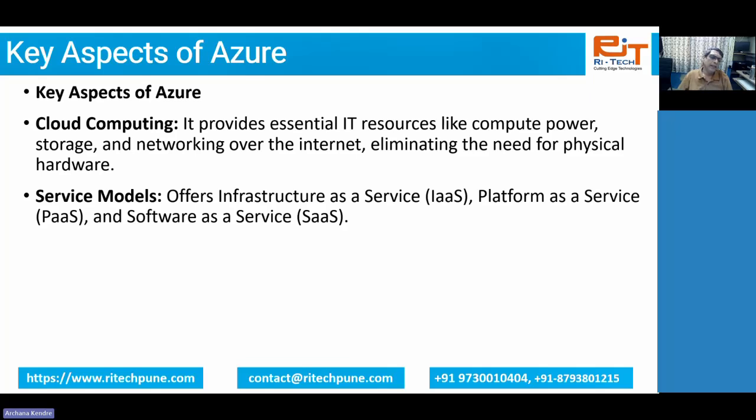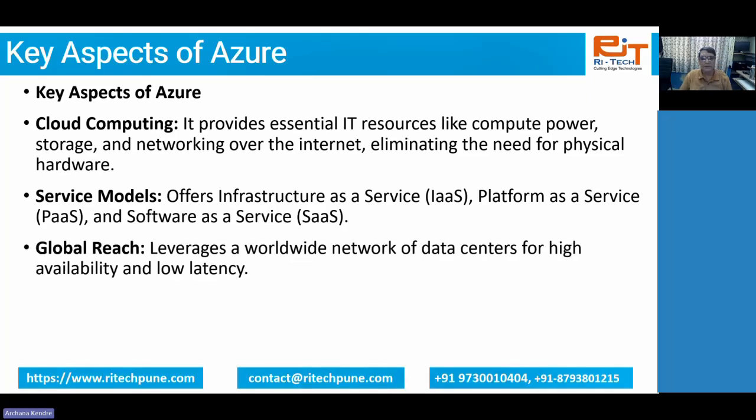Now, global reach: leverage a worldwide network of data centers for high availability and low latency. AWS has a very large network, but Azure is expanding very fast and is the fastest growing cloud.